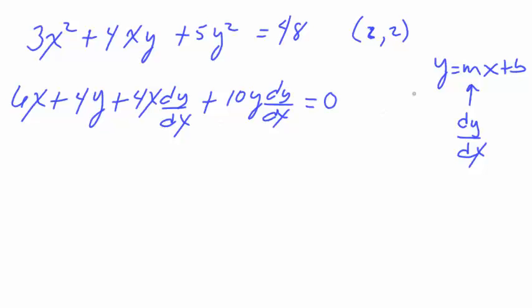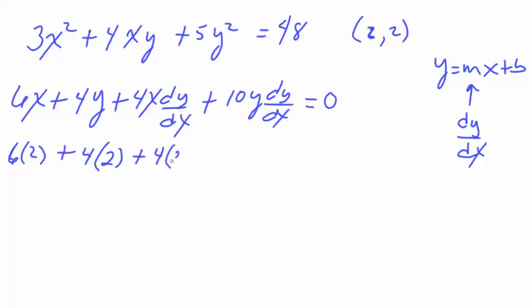Alright, what we're going to do instead of solving for dy over dx and then plugging our point in, is just go ahead and plug the 2 in all the way across. Believe it or not, you'll save time doing this. So we have 6 times 2, and 2 is also y.